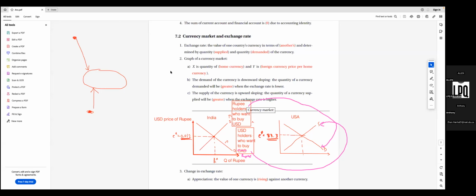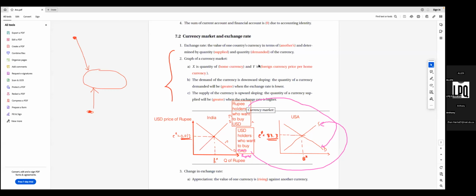Okay, so these are two examples of how we build a foreign exchange market between two countries. So you can fill in all these blanks. I didn't add the labels.